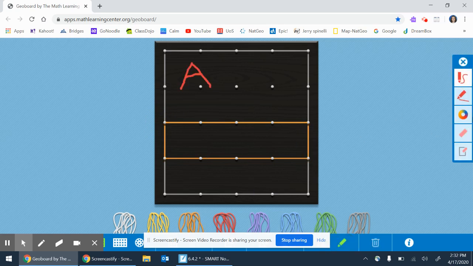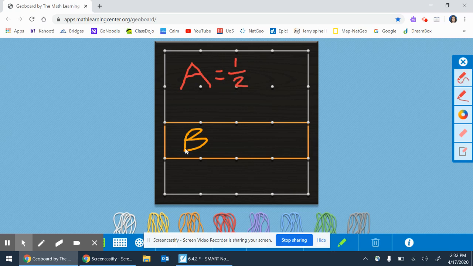I'm going to call that piece B. This is going to be piece B. So that orange part. Okay. There's a couple ways we can go about doing that. We know that A is equal to a half. And that whole part is half.